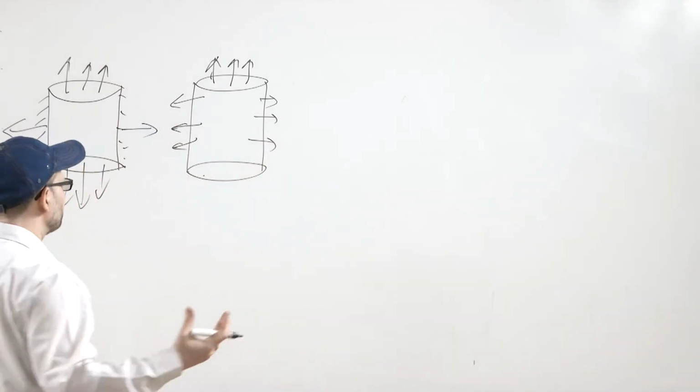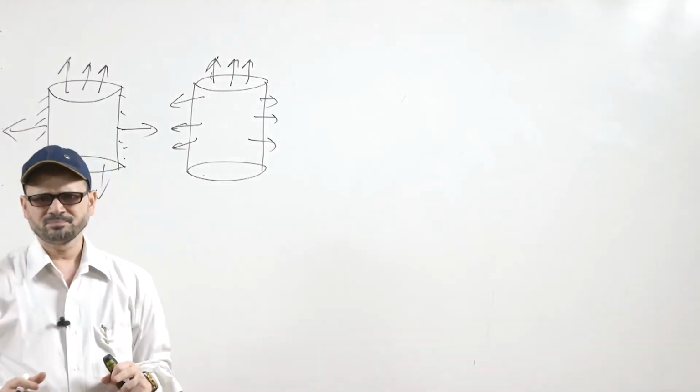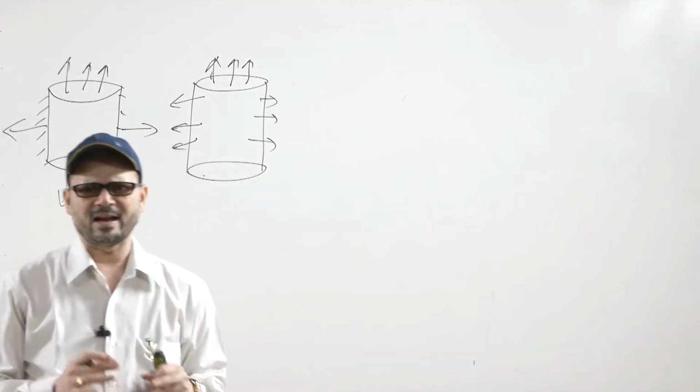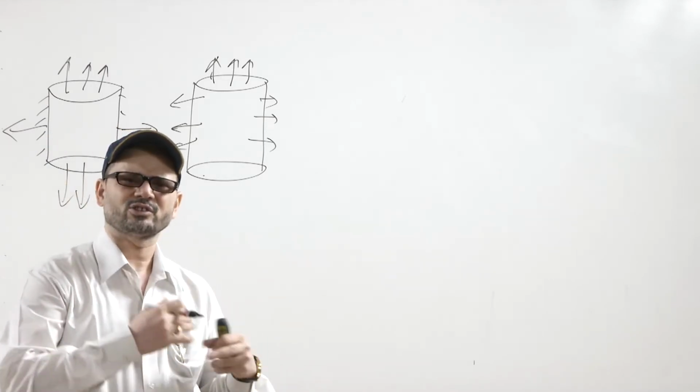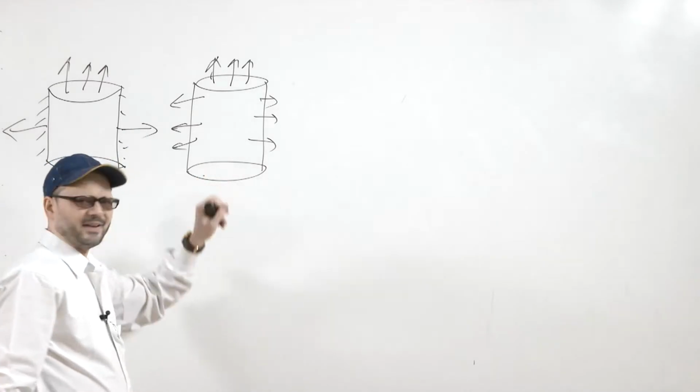If it is in very close proximity to the casting, then this portion does not get involved directly. I mean, it does not aid in the transfer of heat from this face.